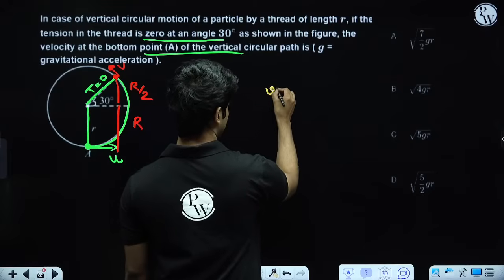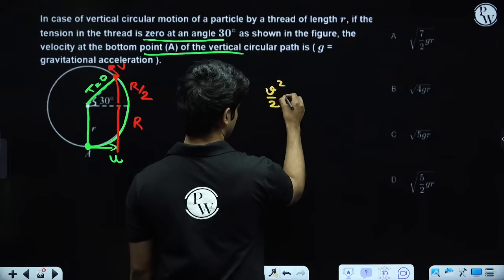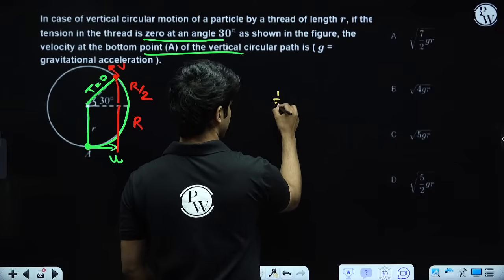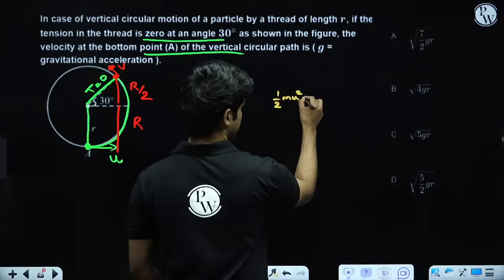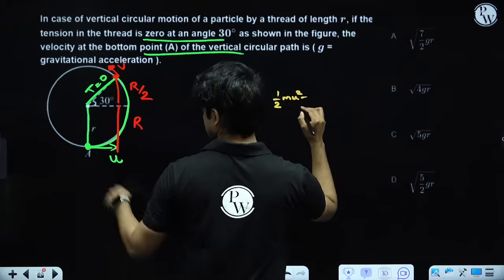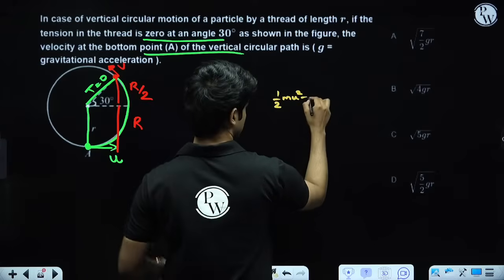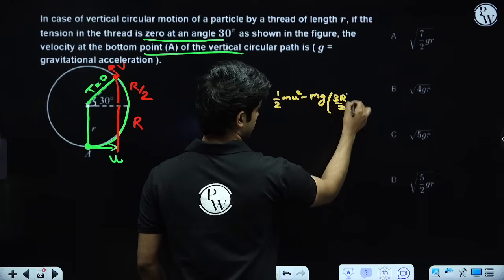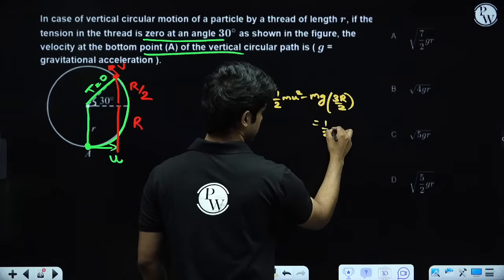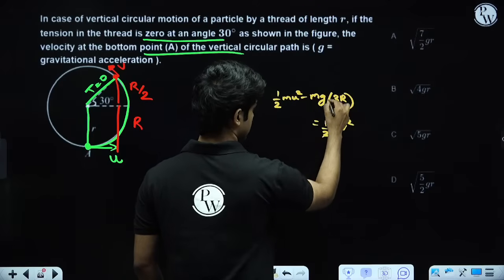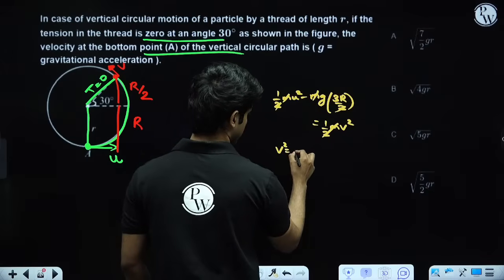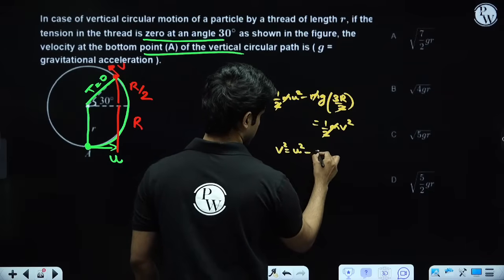So half m u square minus mg into 3r by 2 equals half m v square. Energy conservation. So v square will be u square minus 3gr.